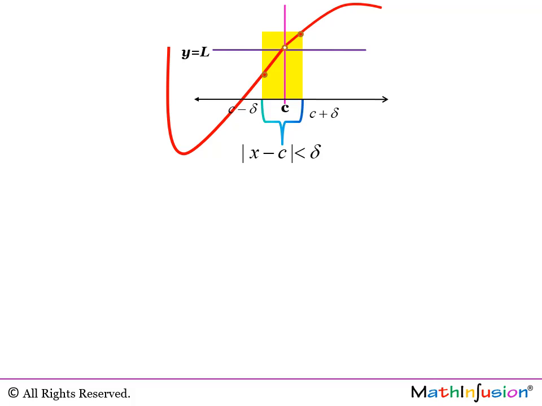Now we want those 2 points to be contained in a very narrow stripe about y equals L, because if there is a limit, those 2 red points are supposed to be very close to the value of y equals L. Here is a narrow stripe about y equals L, and as you can see, the two red dots are inside.